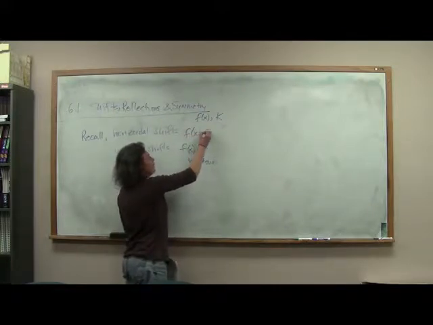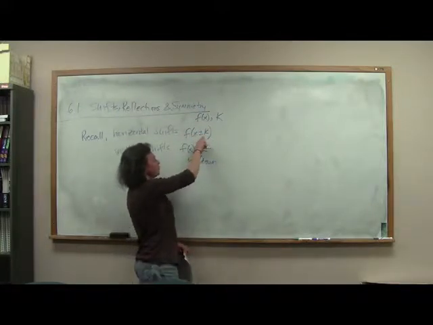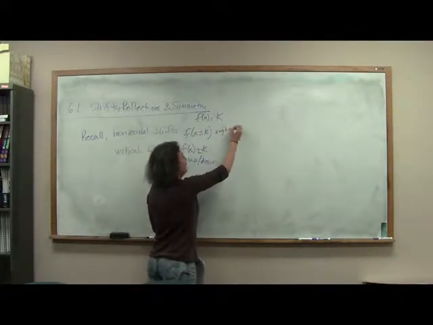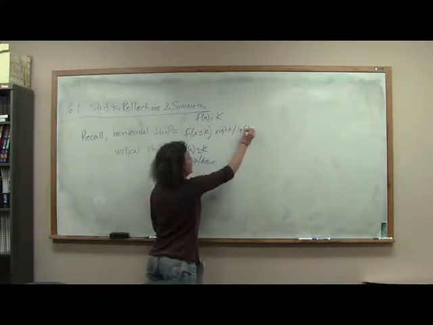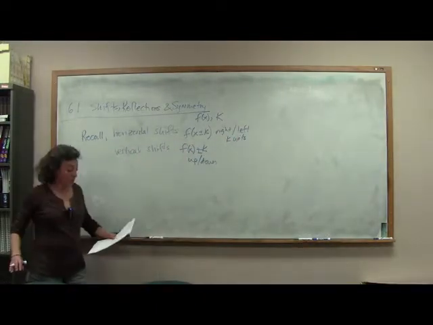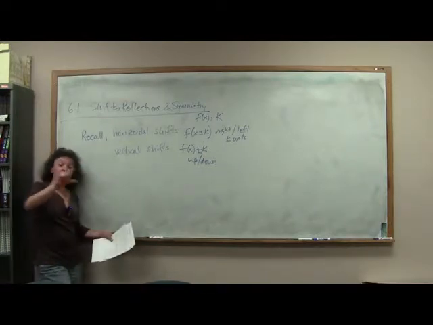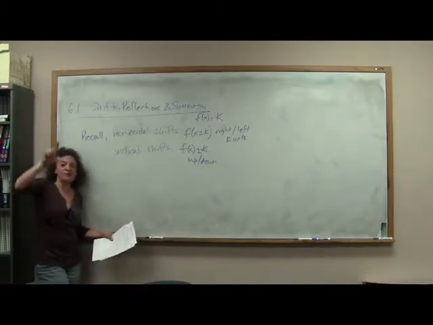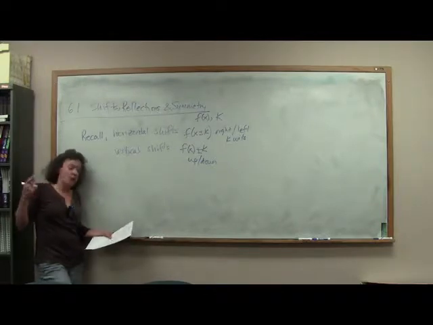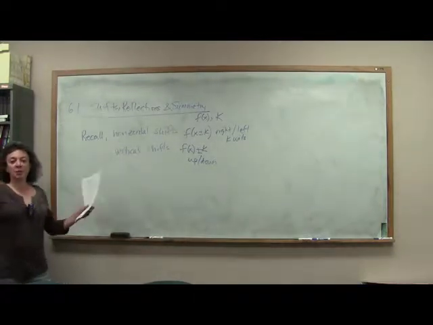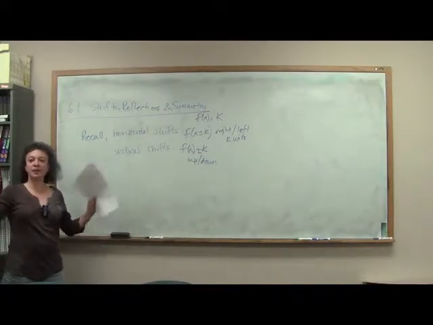And recall you have the horizontal shifts, that's when you add or subtract within your function, and that's when you go right or left k units. All right, so we've done that in a previous section. Well, what those shifts did is it really just translated our graph up, down, left, right without changing its shape or its orientation, like there's no flipping going on.